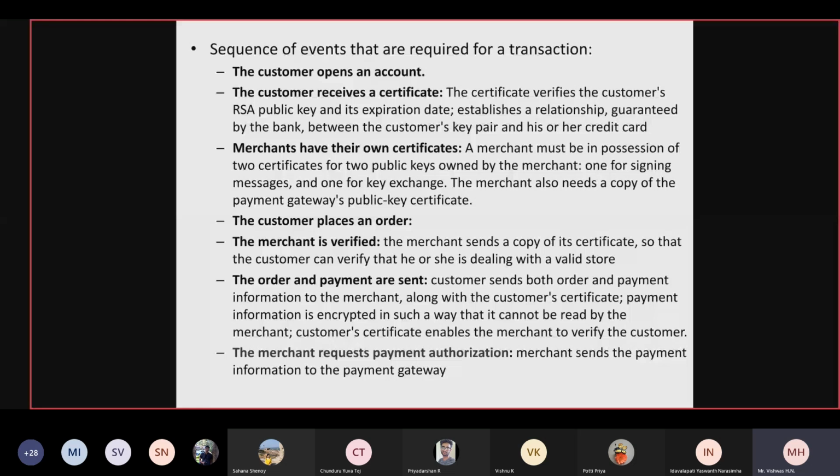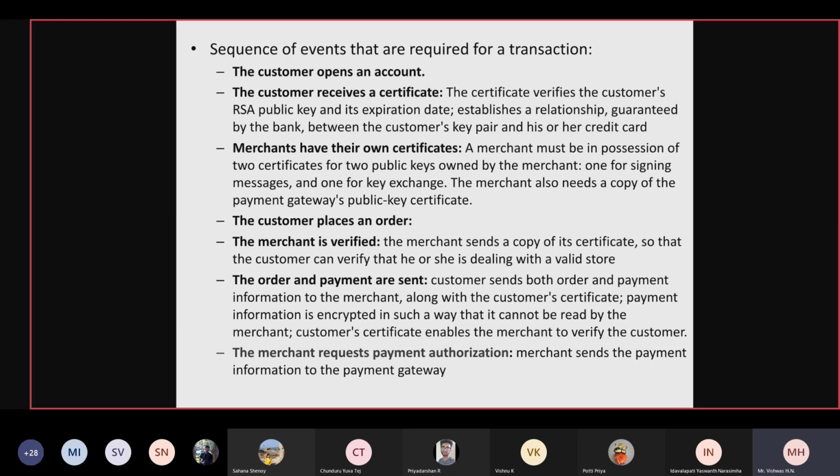The customer certificate enables the merchant to verify the customer. Is that clear?